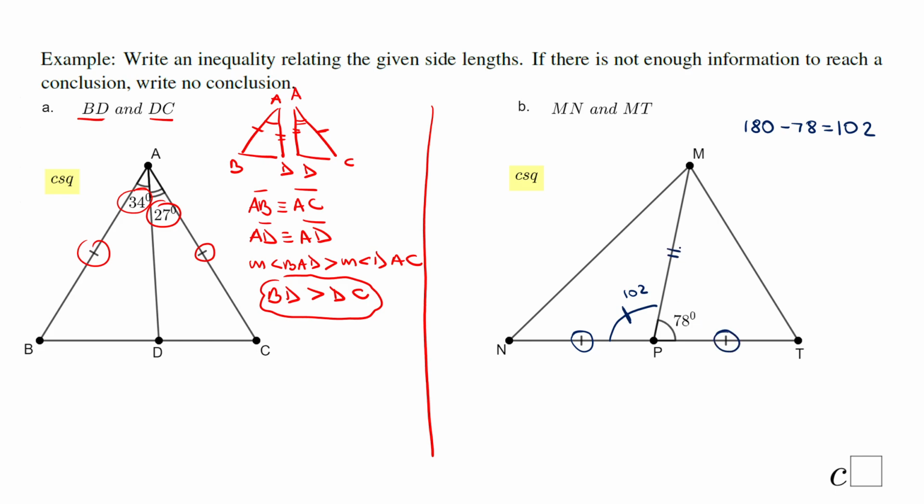This is a common side, so very similar to what we have here. Therefore, the conditions for the Hinge theorem are accomplished. We can say MN is greater than MT. Why? Because the opposite angle, this one is 102, which is more than this opposite angle, which is 78. So again, by the Hinge theorem.